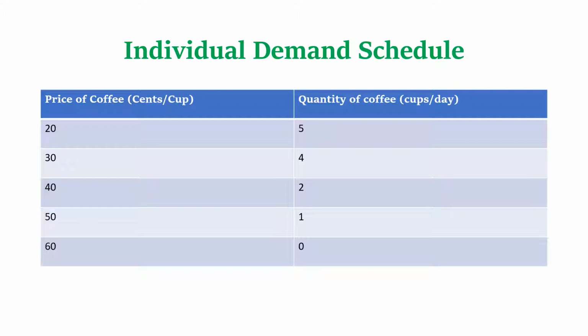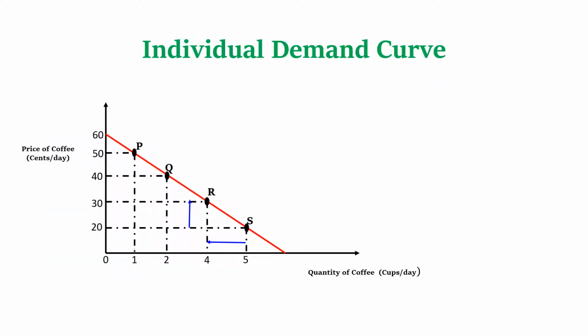So now, let's move forward. If we represent what we have in the previous slide in the form of a graph, we're going to have a downward sloping demand curve, right?